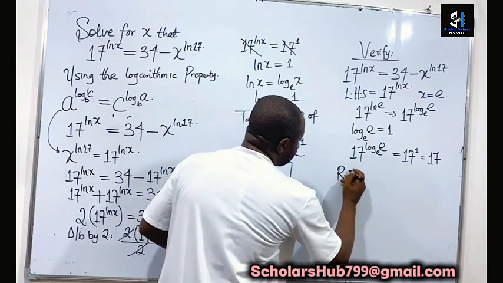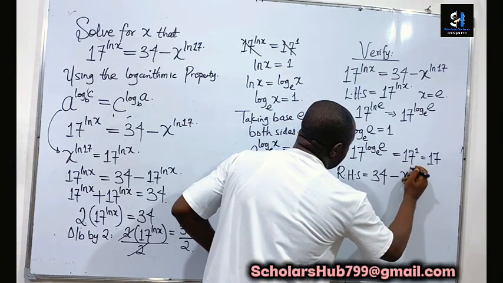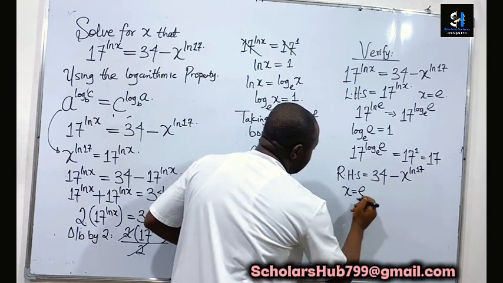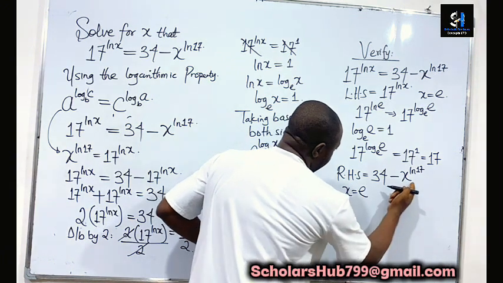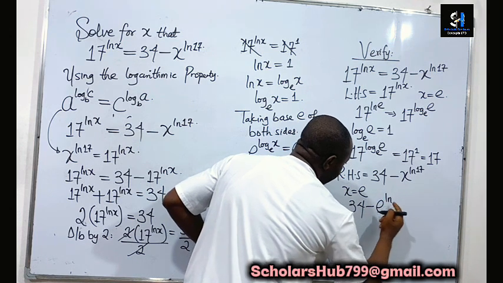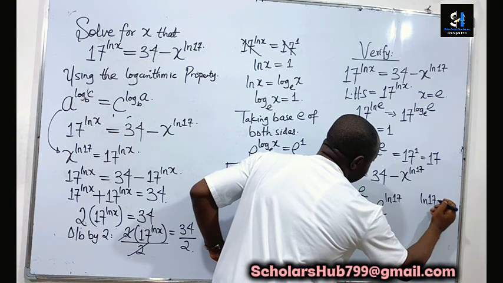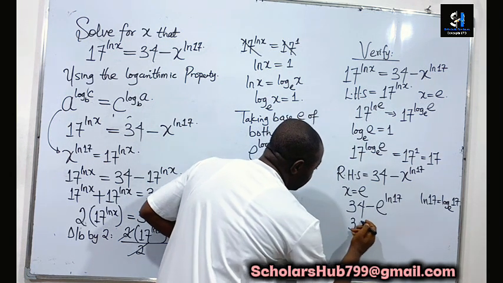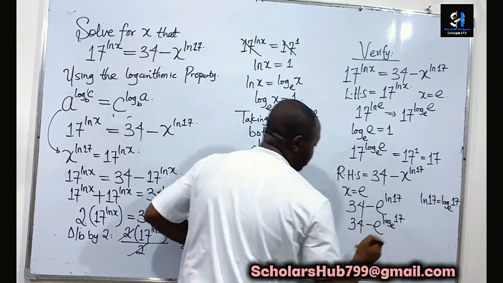Now for the right hand side, we have 34 minus x raised to the power of ln 17. The value of x is equal to e, so I'm going to substitute e for x in this expression. So this will be 34 minus e raised to the power of ln 17. Again, we know that ln 17 will be log base e of 17. So this will be 34 minus e raised to the power of log base e of 17.